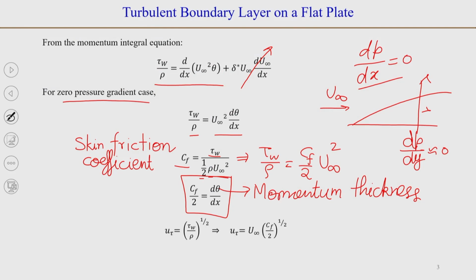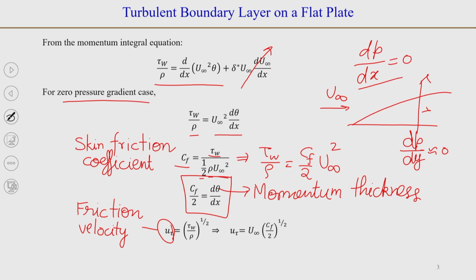Now, we also bring into picture the definition of friction velocity u tau, which we defined to define the velocity profile near the wall. So, u tau is called friction velocity. In many places you might also see it written as u star. This is equal to tau w by rho raised to the power half, and this will give you a unit of velocity.